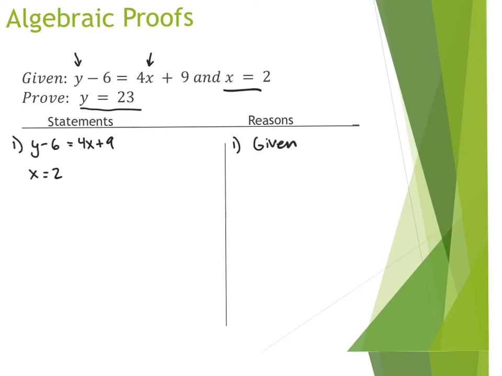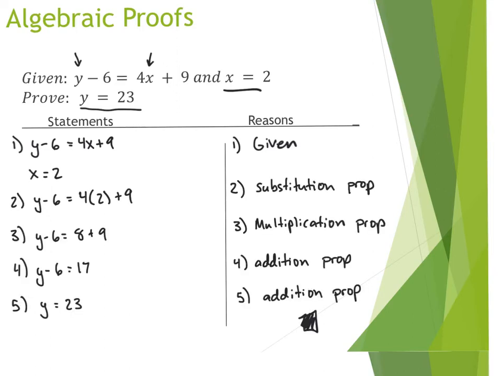I'm given what x is equal to. So, knowing all of that, knowing I want to know what y equals, the best next step would be to plug in x. Okay, I'm going to pause the video here, give me the reason for number 2, and then finish it out.